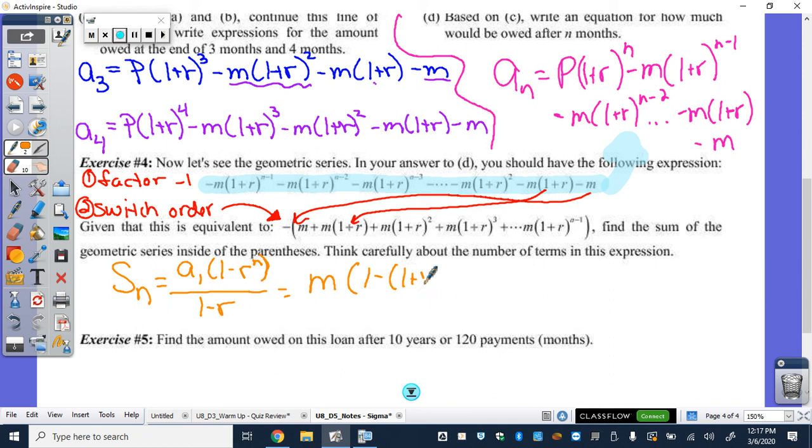My rate is 1 plus r. Okay, so our rate is the 1 plus r. All goes together because you got to do 1 plus your rate. And then 1 minus 1 plus the rate. So that is our series formula there for the monthly payments.